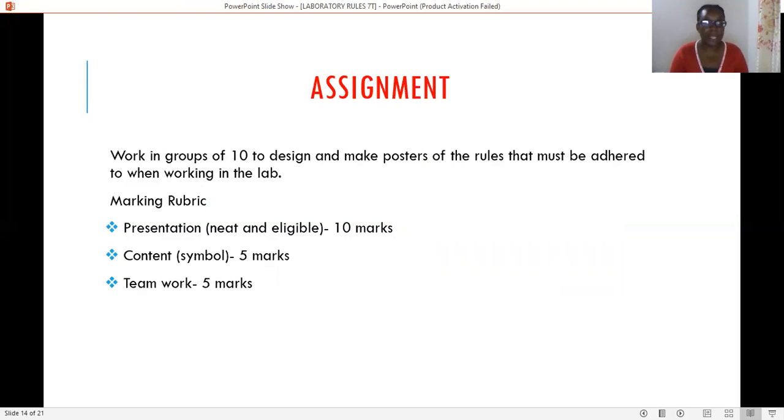They can print symbols from the internet, magazines, etc. And I know many parents actually work in a professional environment where you can teach them how to put together the presentation to make it neat and legible. So this is a possible assignment that they would have got based on this lesson, and they can try this one as well.